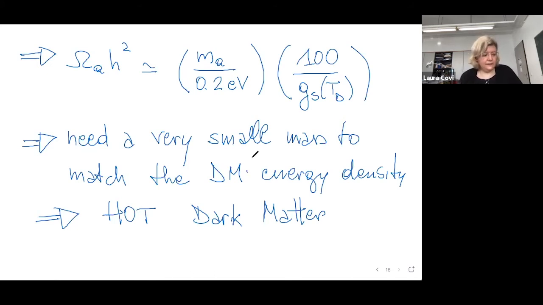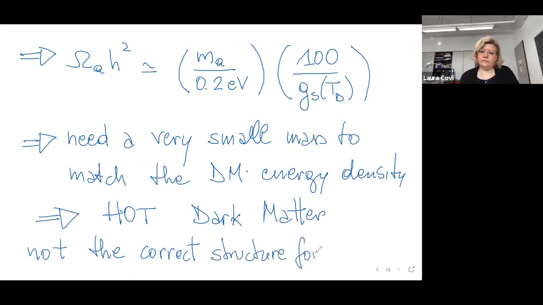And this means that this is not a good dark matter candidate, because we know structure formation would not go as we need it, not the correct structure formation history. So in that sense, this is actually excluded.